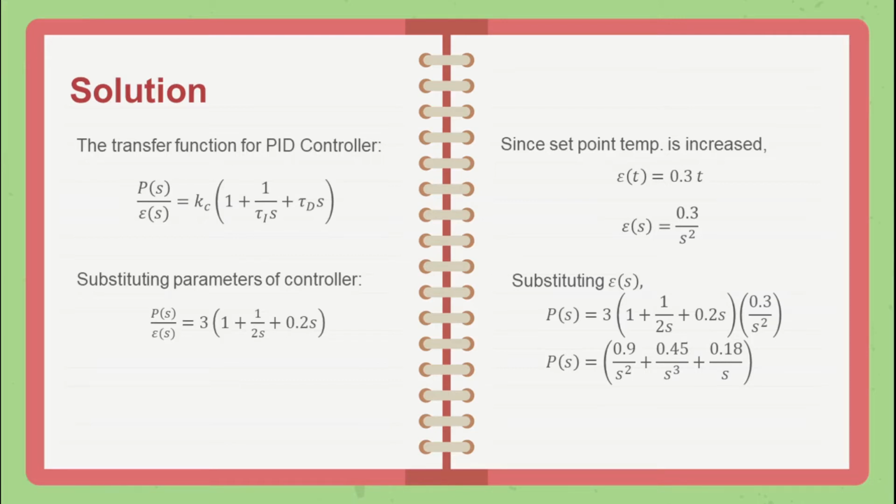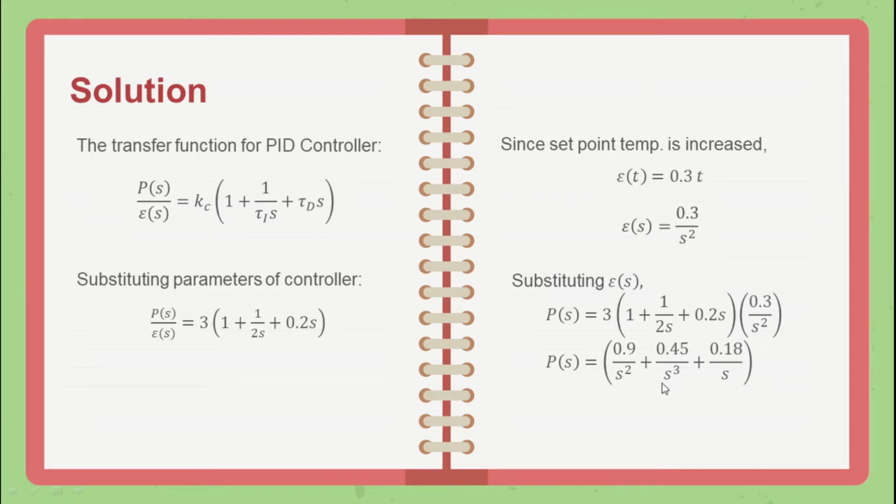Now, taking the Laplace transform, we have epsilon of s equals 0.3 over s squared. Then, substituting this to the transfer function for the PID controller, we have P of s equals 3 times the quantity of 1 plus 1 over 2s plus 0.2s times the quantity of 0.3 over s squared.